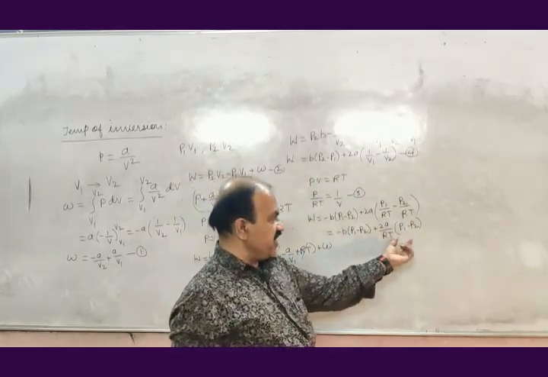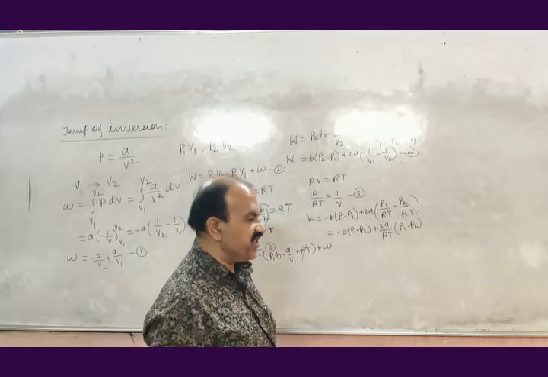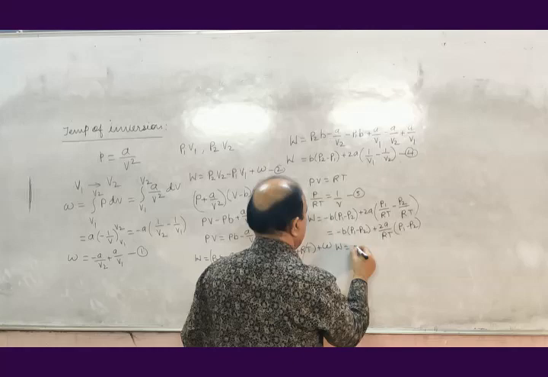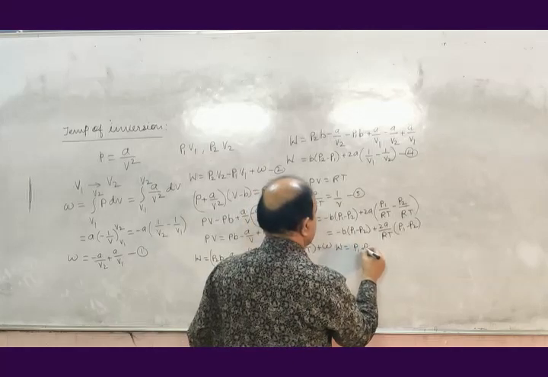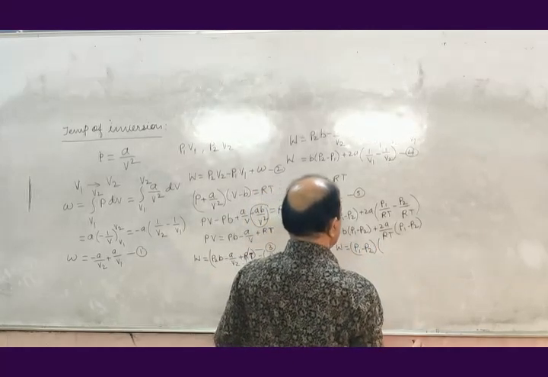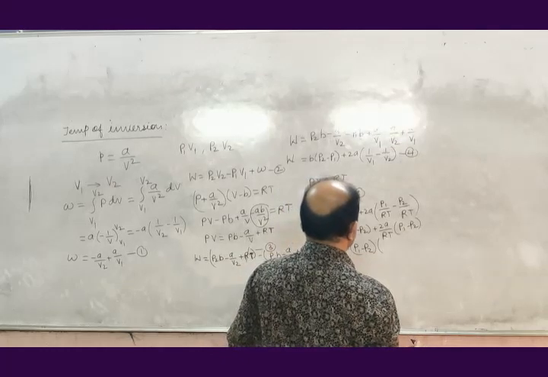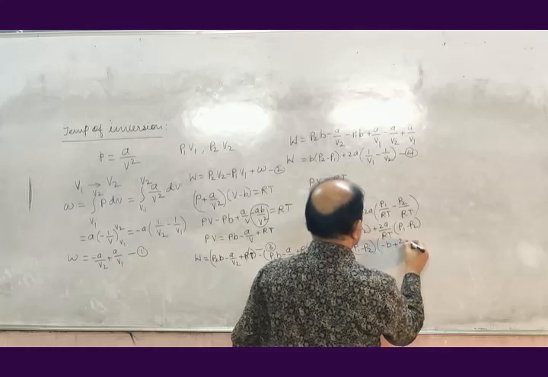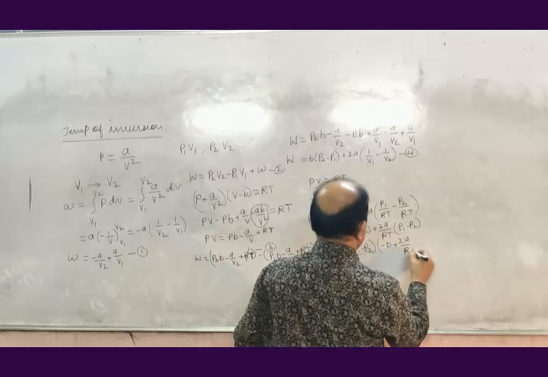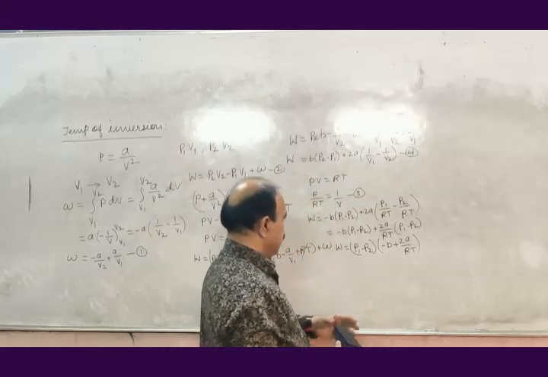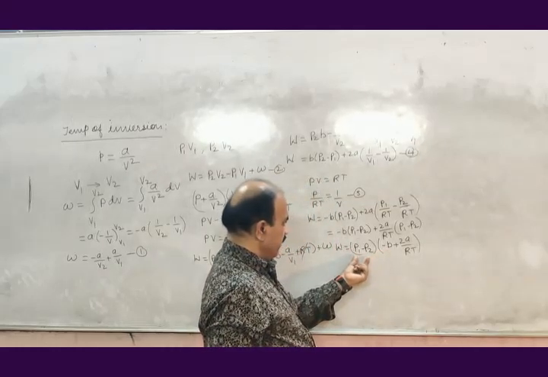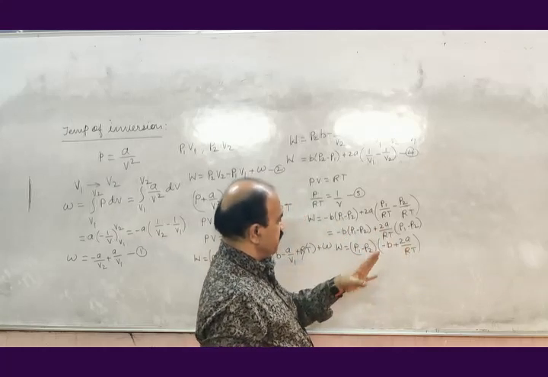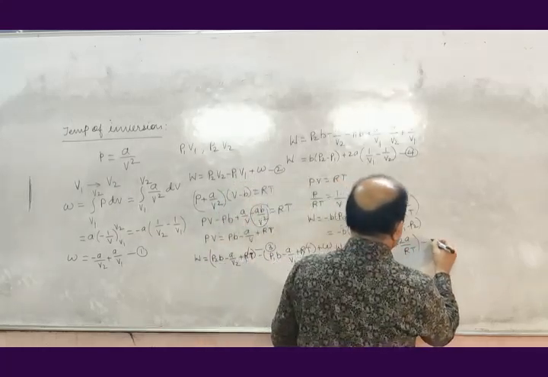P1 minus P2 is here, P1 minus P2 is here. Let us take this as common. So total work done W will be equal to P1 minus P2 into, in the bracket, minus B plus 2A divided by RT. Equation number 6.